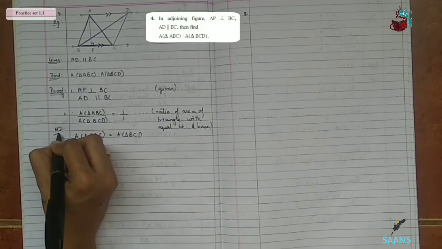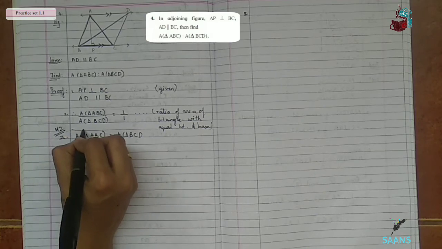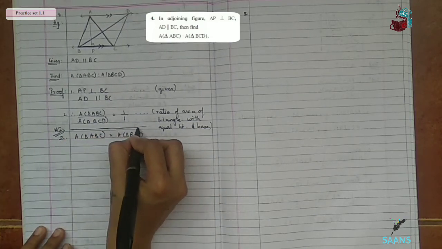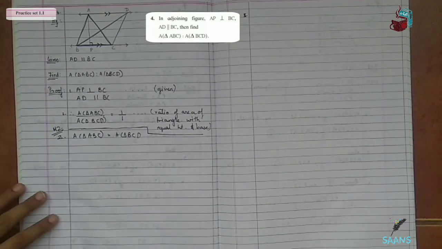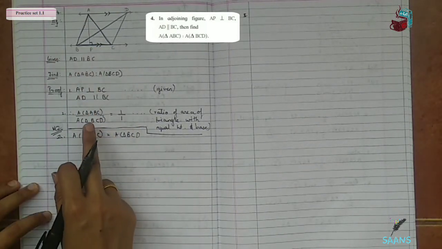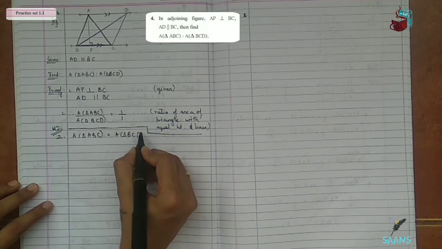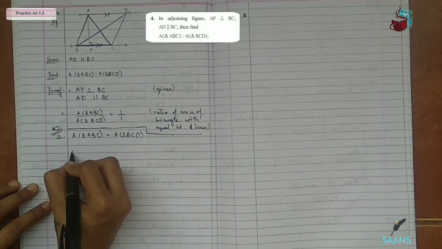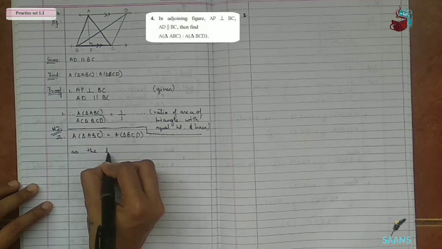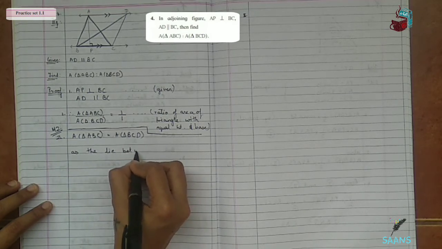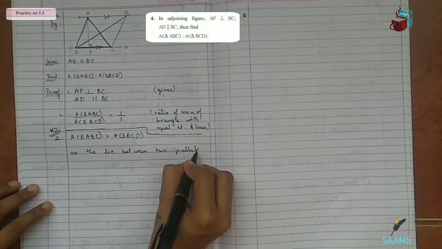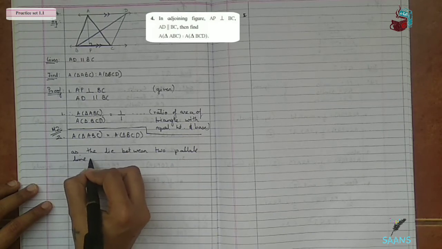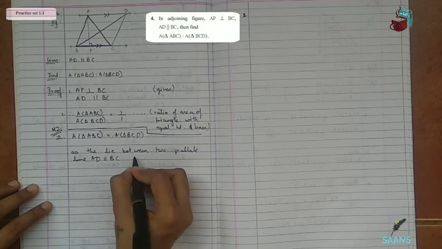Another way of writing step 2, please don't mind. Area of triangle ABC upon area of triangle BCD, they are equal as they lie between two parallel lines AD parallel to BC.